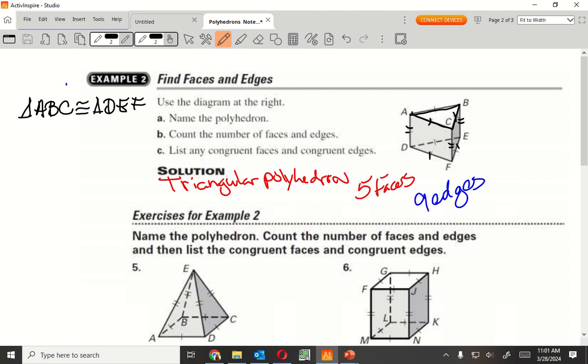So that would be plane ACFD, congruent to CBEF, and that's also going to be congruent to the last one, which is BADE.